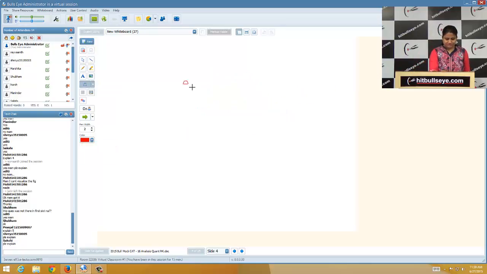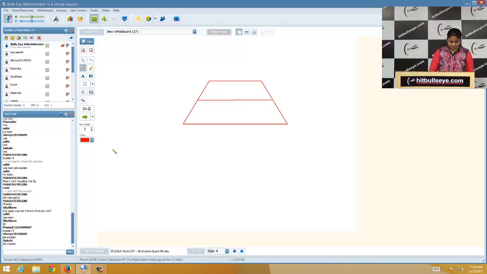Now a trapezium is given, and the middle line is given. The non-parallel sides of the trapezium, of perimeter 34 cm, are equal, so these 2 lines are equal. Let this line be A and this line be B. The line segment joining the midpoints of the non-parallel sides is 12 cm, so this line is given as 12.